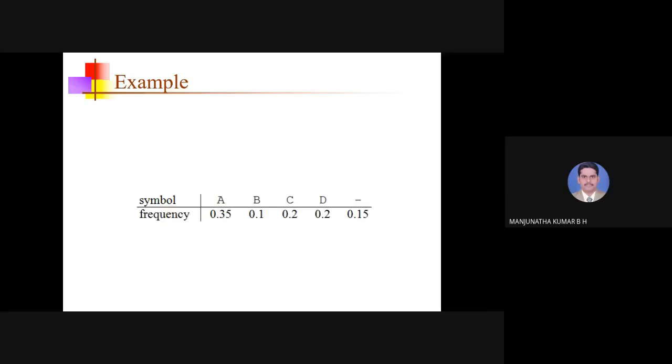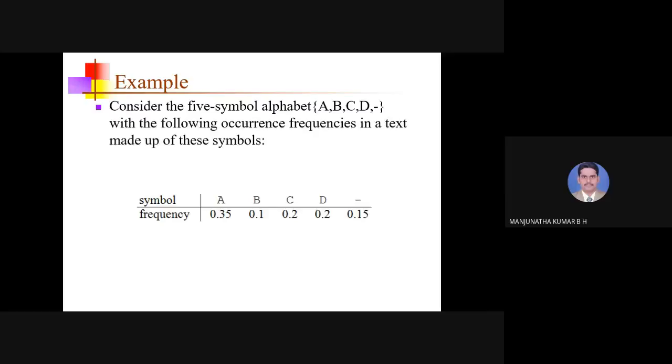Now, the first example I am going to consider for the Huffman tree. The statement is: consider the 5 symbol alphabet. The alphabet is given as A, B, C, D, and underscore, underscore or minus, whatever it may be. Five symbols are there in this alphabet with the following occurrence frequencies.